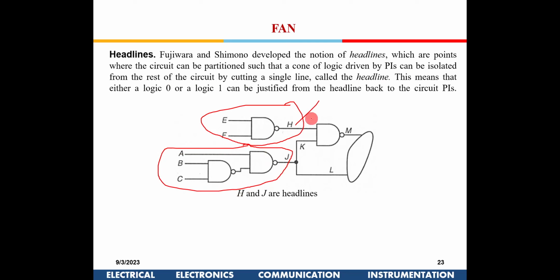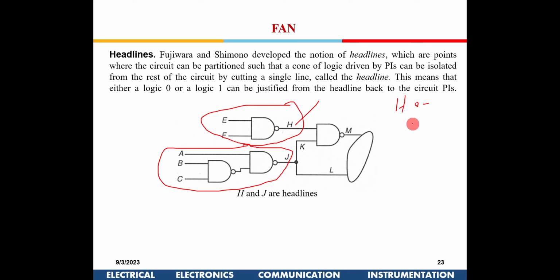So what the FAN algorithm does is, once you provide the net list, it will identify what the headlines are, initially itself. Once it identifies these headlines, for each headline, let's say for H equal to 0, what are the inputs?